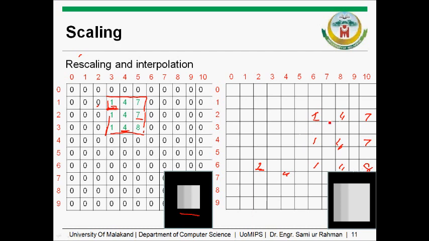Now I have pixel positions where I don't have any value. So the new object boundaries are these.